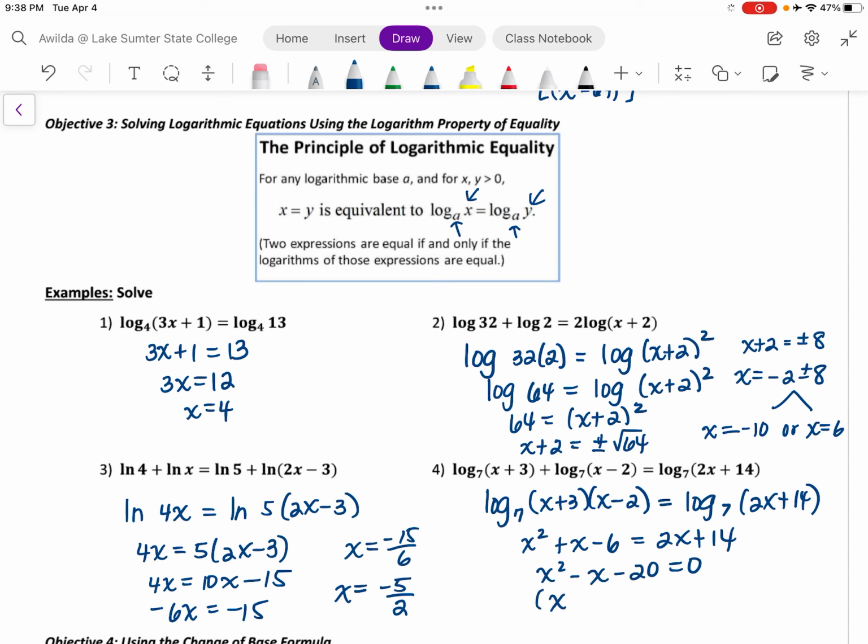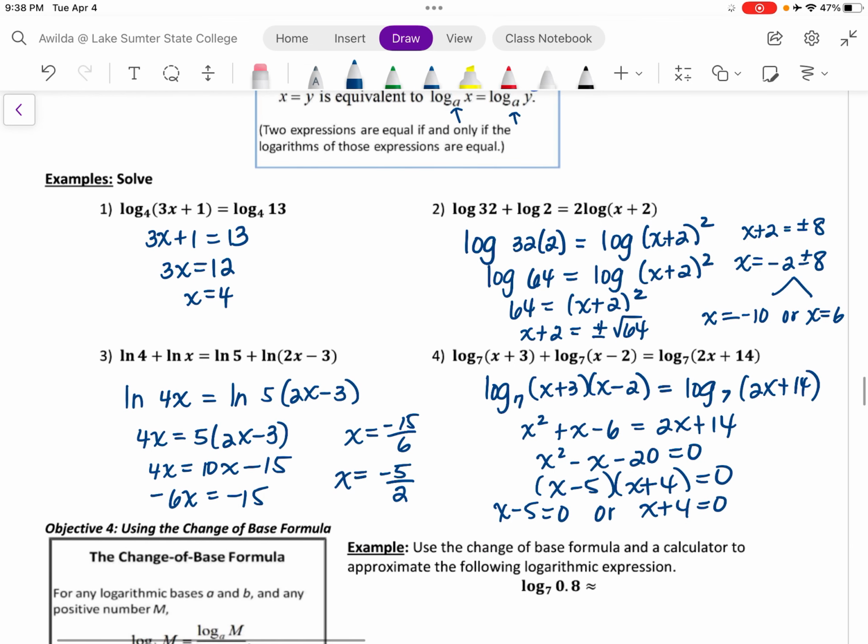So we have x minus 5 times x plus 4 equals 0. So we have x minus 5 equals 0, or x plus 4 equals 0. And this gives us two possible solutions for x. X is 5, or x is equal to negative 4.